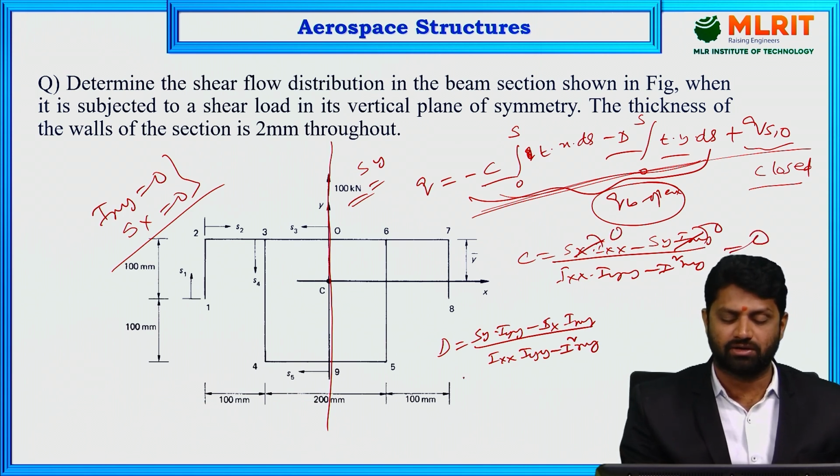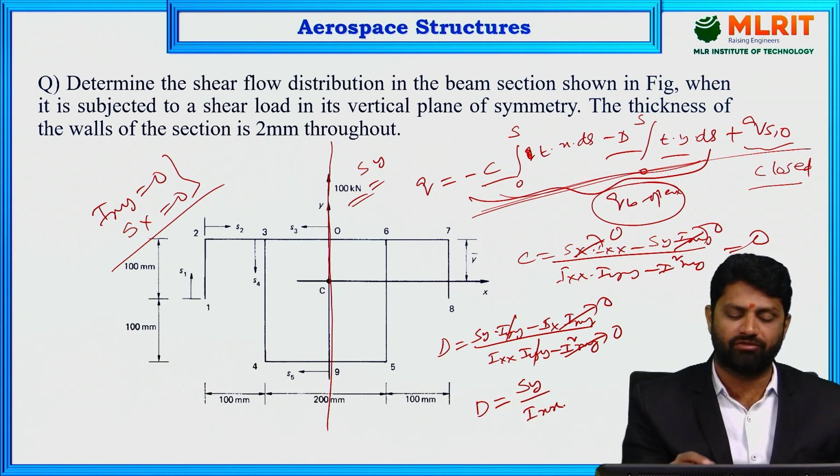And if you look at constant D, here Ixy is 0, here Ixy is 0, and you are left with Sy into Iyy divided by Ixx into Iyy. Again Iyy gets cancelled. So you are left with the constant D equal to Sy by Ixx.